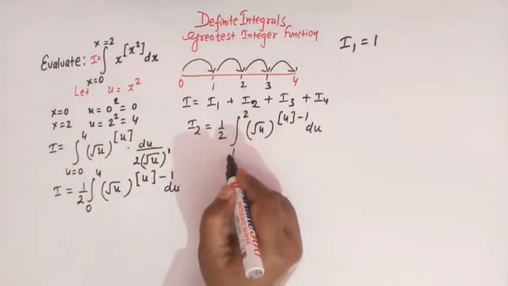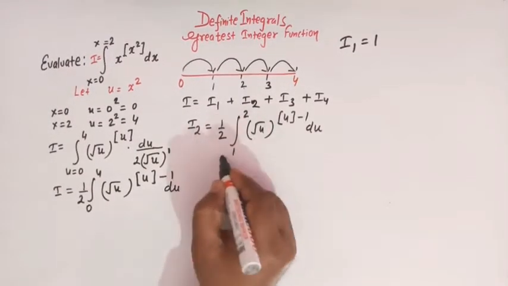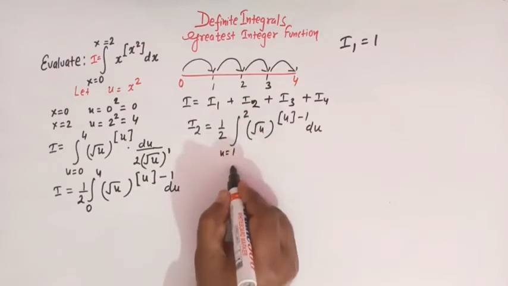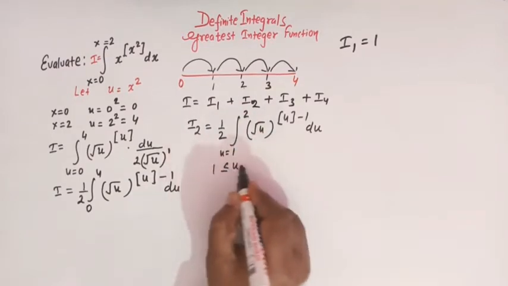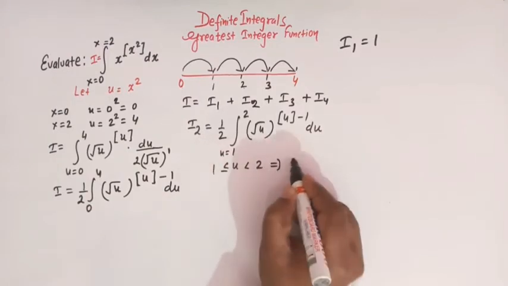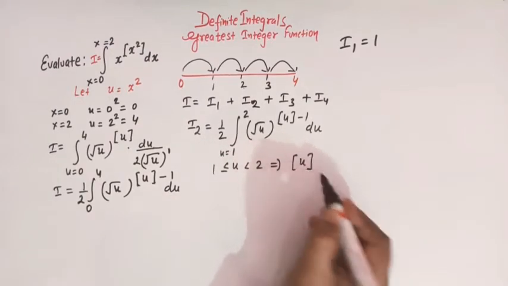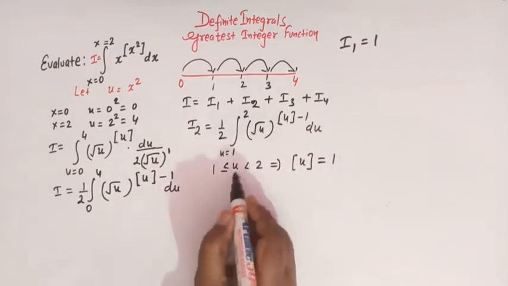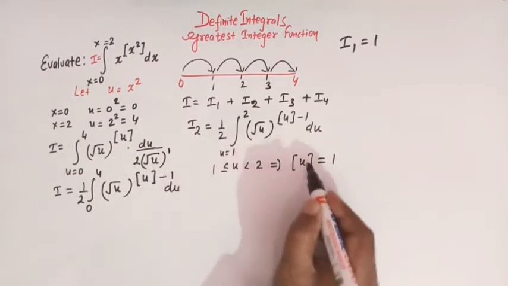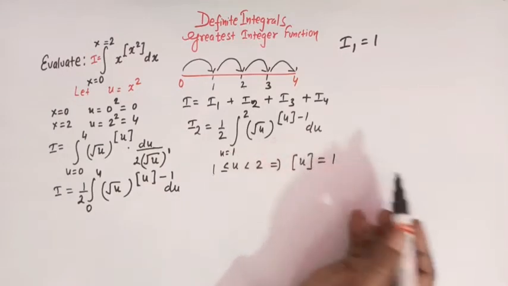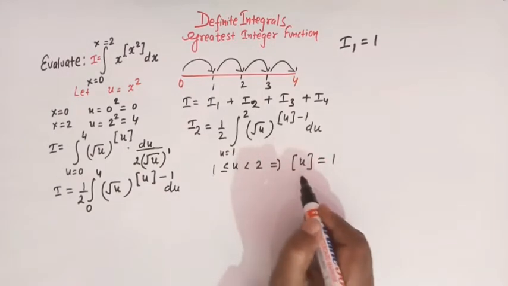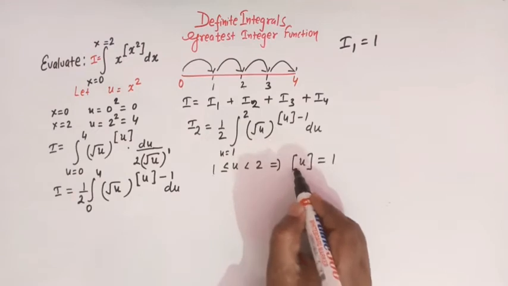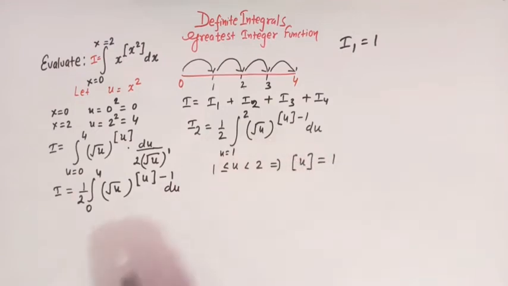Here u varies from 1 to 2, and when u lies between 1 and 2, then due to the definition of the greatest integer function, the value of greatest integer u is equal to 1.